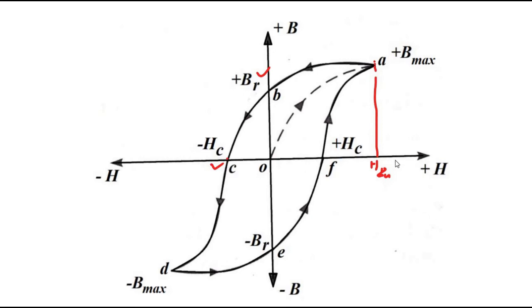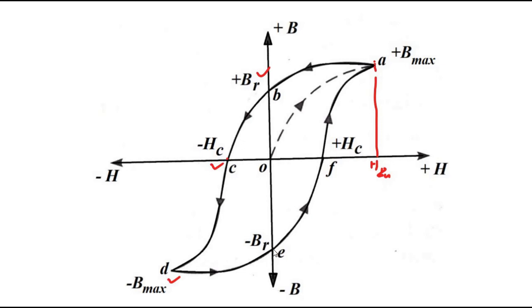Then when the magnetic force H is increased further in the reverse direction, the material acquires magnetic flux density in the negative direction and attains a saturation value of minus B max, which is equal in magnitude but opposite in direction, at this point D. Then at this point, again the direction of current is changed and the external magnetic field polarity is reversed.